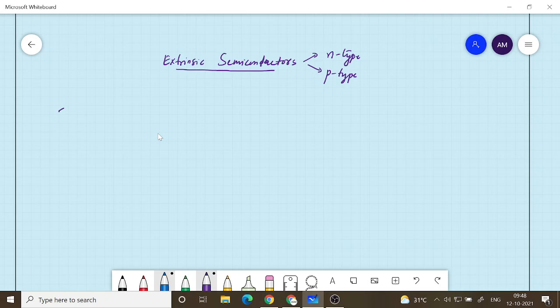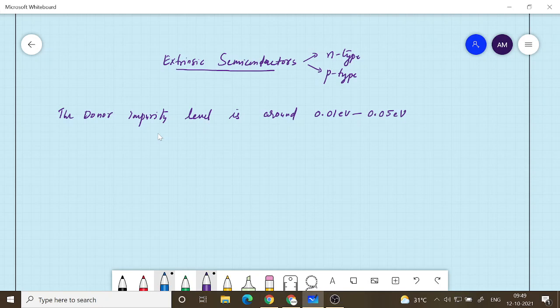So the donor impurity level is around 0.01 electron volt to, the exact detail will depend upon the material, either it is silicon or whether the impurity is boron or aluminum, etc. So that will decide the exact.